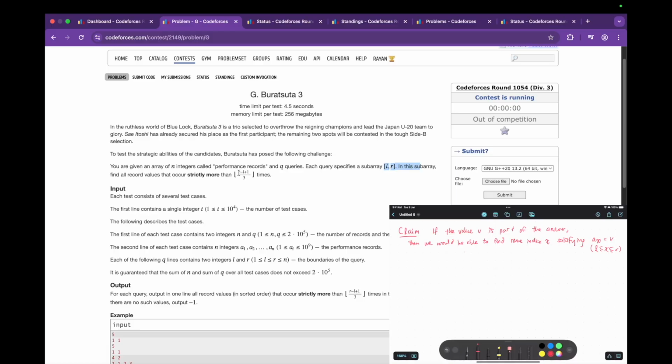We would be able to find some index satisfying a_x equals v using a sufficiently low number of samples, where each sample refers to an index x in between L and R.